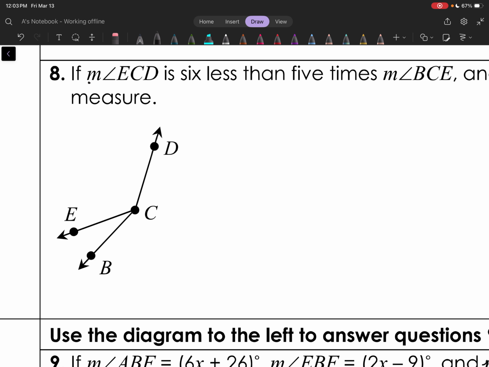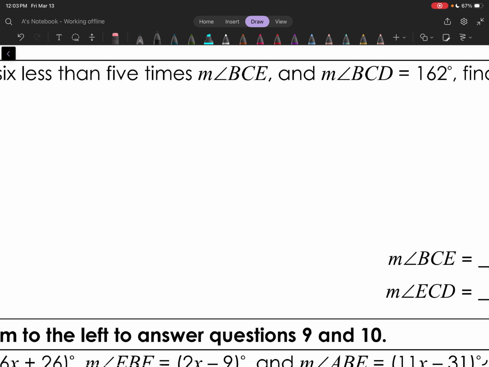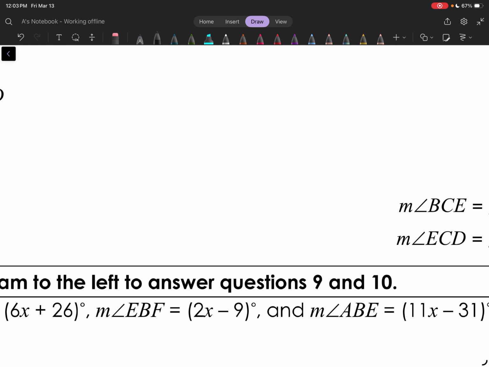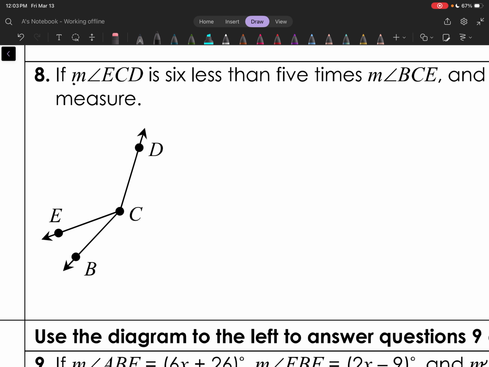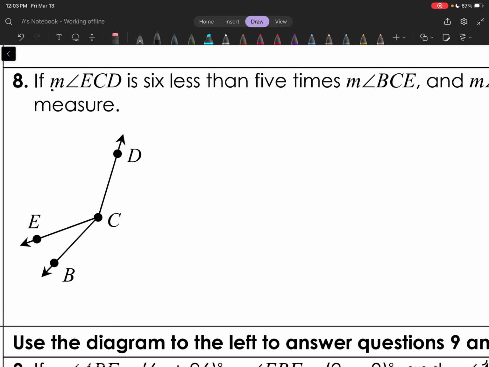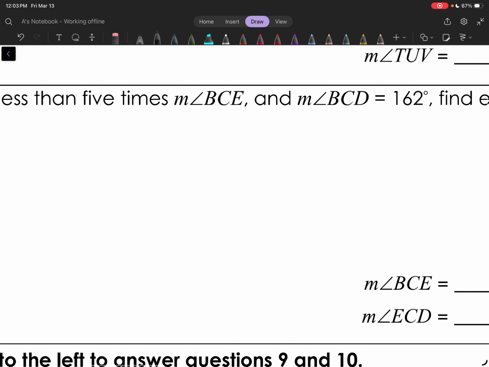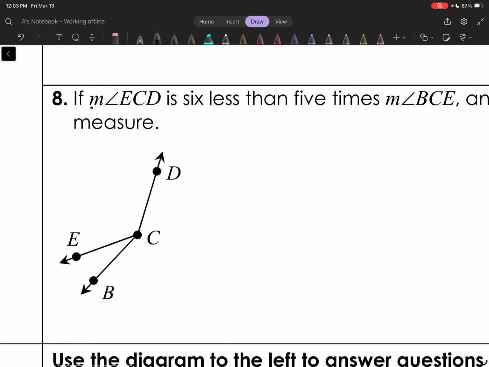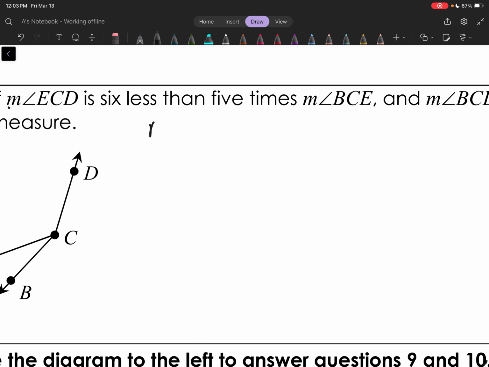If measure of ECD is 6 less than 5 times BCE, and BCD is 162, find each of the measurements. Okay, now I like this problem because that makes you think. ECD is 6 less than 5 times BCE. It tells me nothing else about BCE, so I'm going to say the measure of angle BCE is going to be my variable.